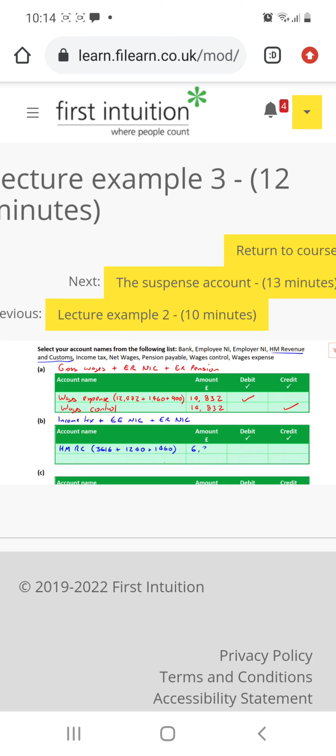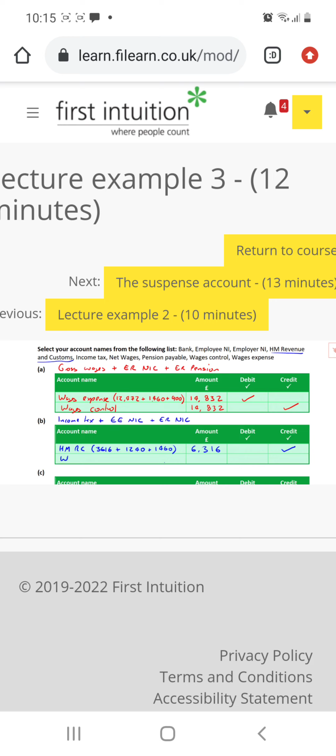So adding that lot up, we get 6,316. Now, what is this? Well, remember, this is the liability. This is the amount of money that we need to pay and hand over to Revenue and Customs. So as this is a liability, we need to record that as a credit. That's what we now owe Revenue and Customs. It's a liability, therefore it's a credit.